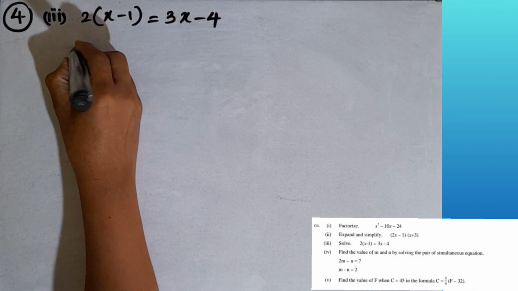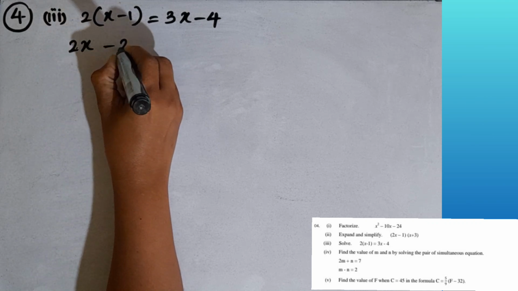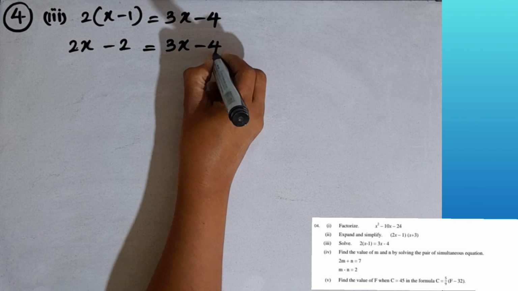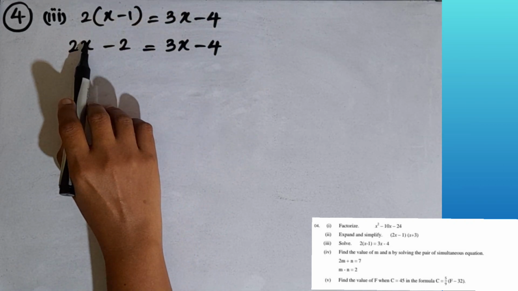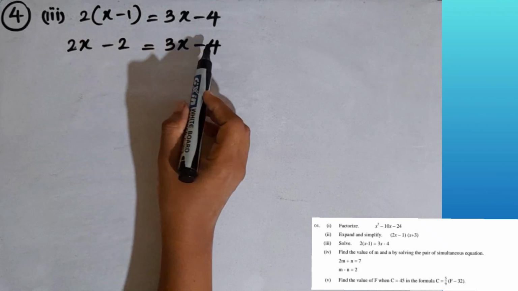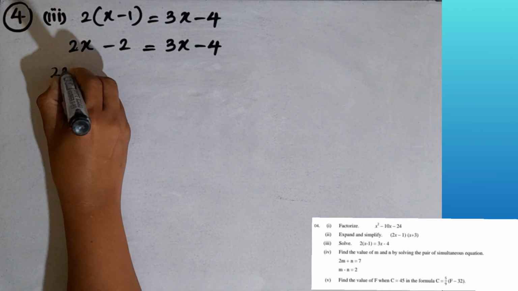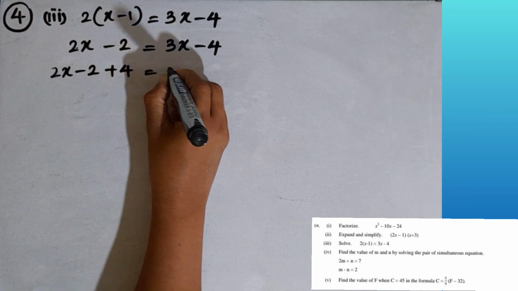2 times x is 2x. Then 2 times minus 1 is minus 2, equal to 3x minus 4. We can take this 2x to the other side and this minus 4 to this side. Then 2x minus 2 plus 4 is equal to 3x.